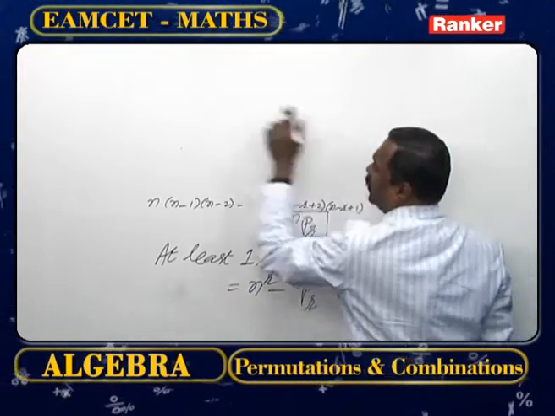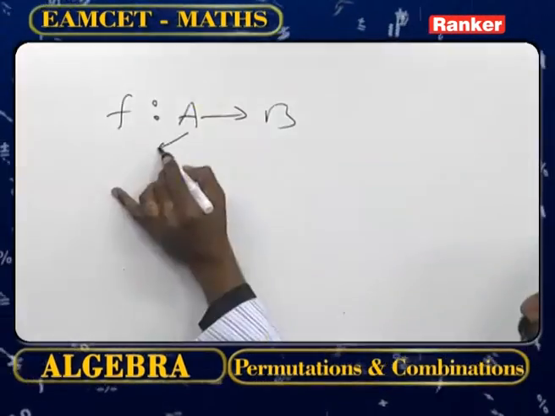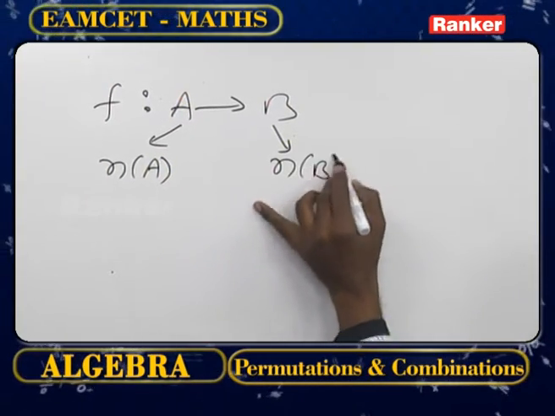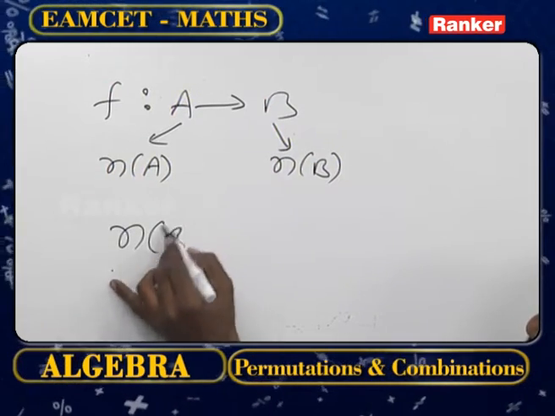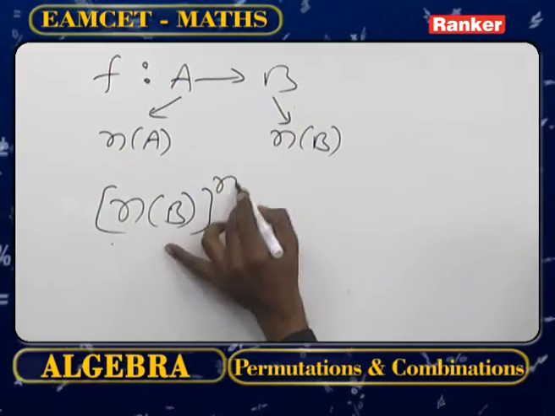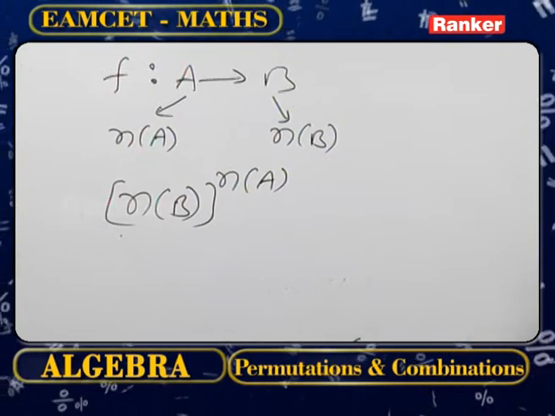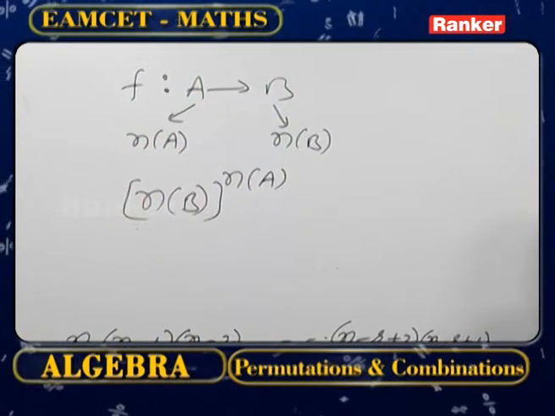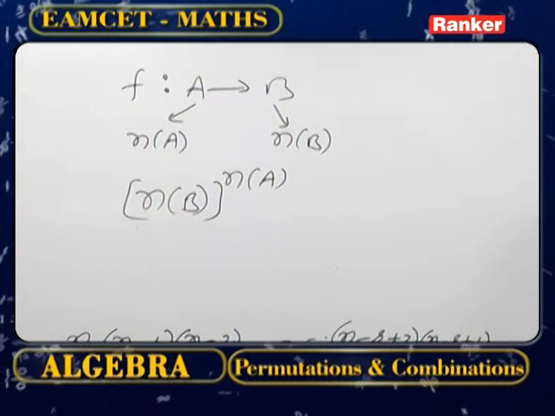f maps A to B, and it gives you n(A), it gives you n(B). The total number of functions is nothing but n(B) whole power n(A). This is with repetition. That is nothing but n power r in this case.